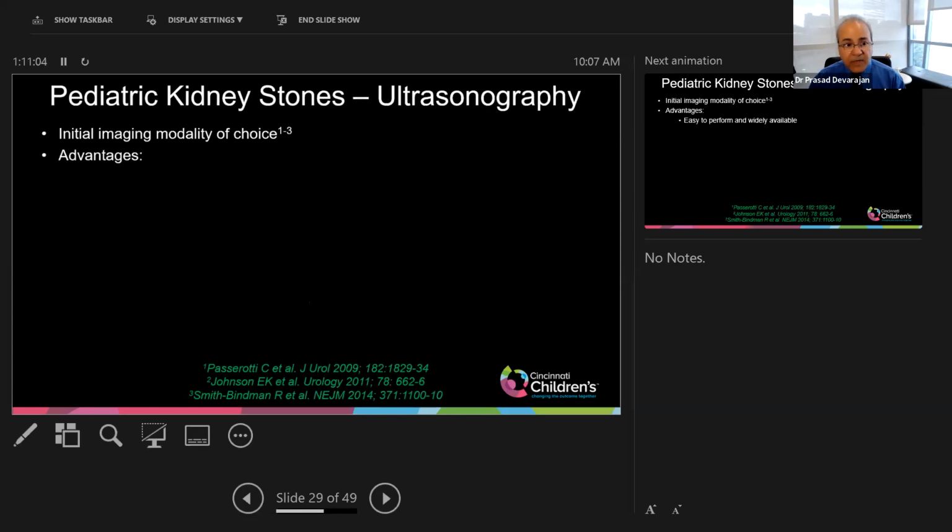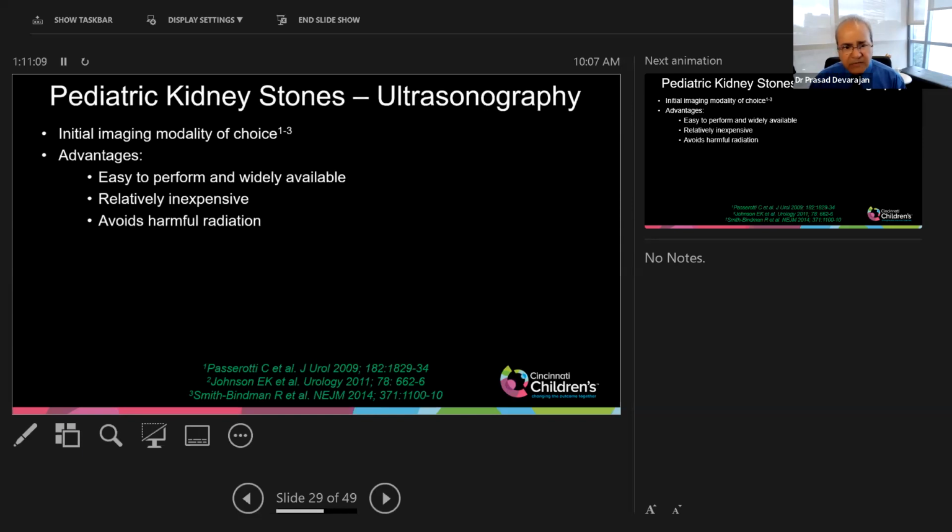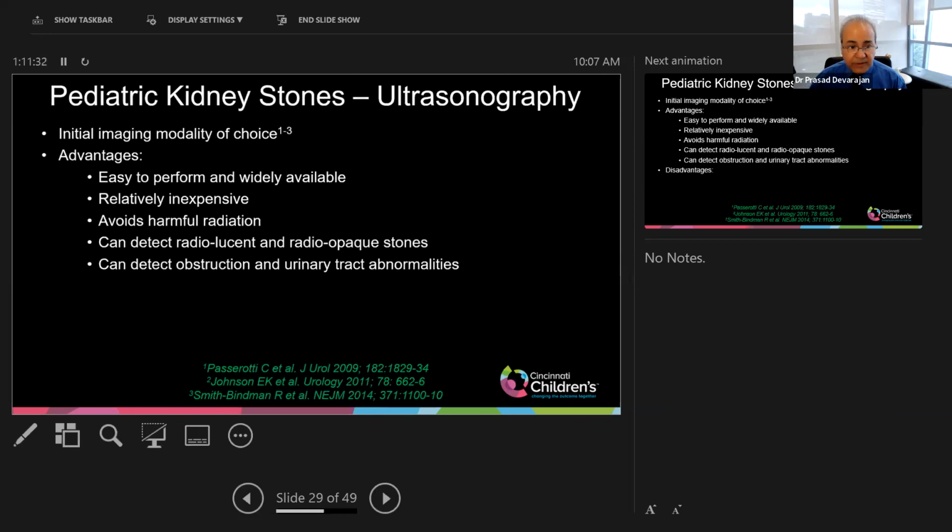Why? Because it's usually easy to perform, it's reasonably widely available, it's relatively inexpensive, it's quick, there is no harmful radiation. Remember, these kids get recurrent kidney stones, and we don't want to do recurrent CT scans on these patients because the radiation exposure will increase with time. And ultrasound can detect both lucent as well as opaque stones, and can detect obstruction and urinary tract abnormalities.